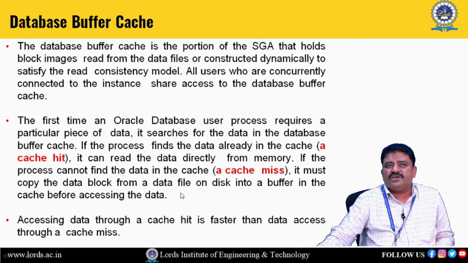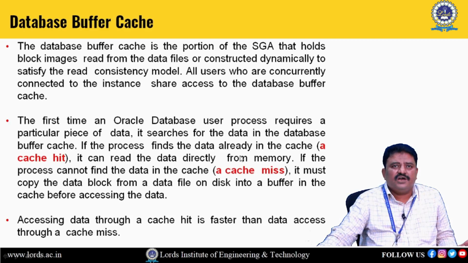Whenever a user writes a select statement to retrieve data from the hard disk, that is the database, the data will be loaded into the database buffer cache, which is part of the SGA. Initially, if the data is not loaded, it will be loaded.